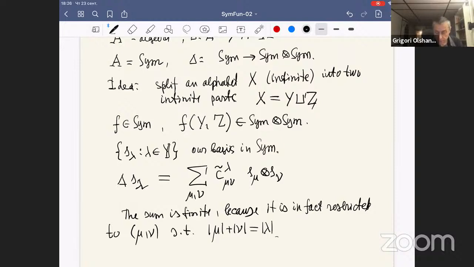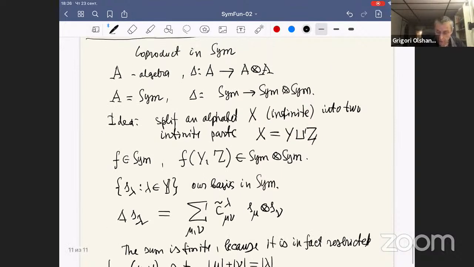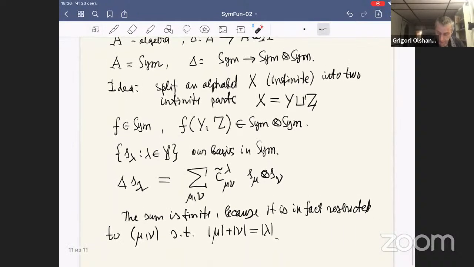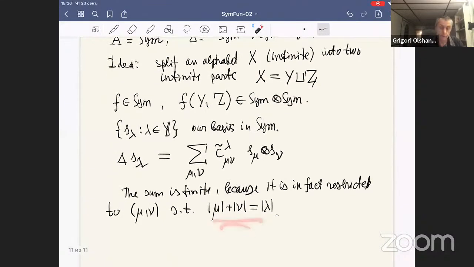Why? This is because our map is consistent with the grading. If you take a homogeneous element, its image on the right-hand side should also be homogeneous and of the same degree. And this gives us this restriction. So the sum is finite.